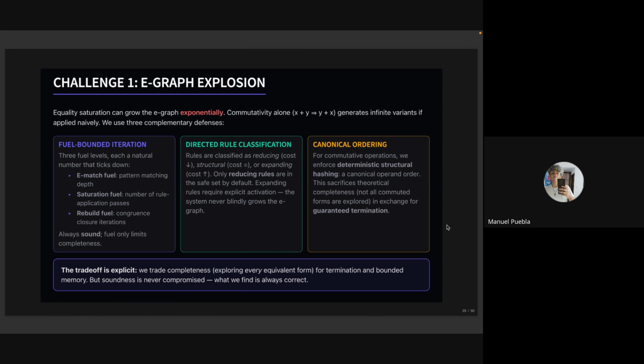And then we also have this idea of canonical ordering, not to force it as a rule, but as a deterministic structural hashing. We have a canonical order for the operands. We are sacrificing completeness as well, but we guarantee termination in those cases.